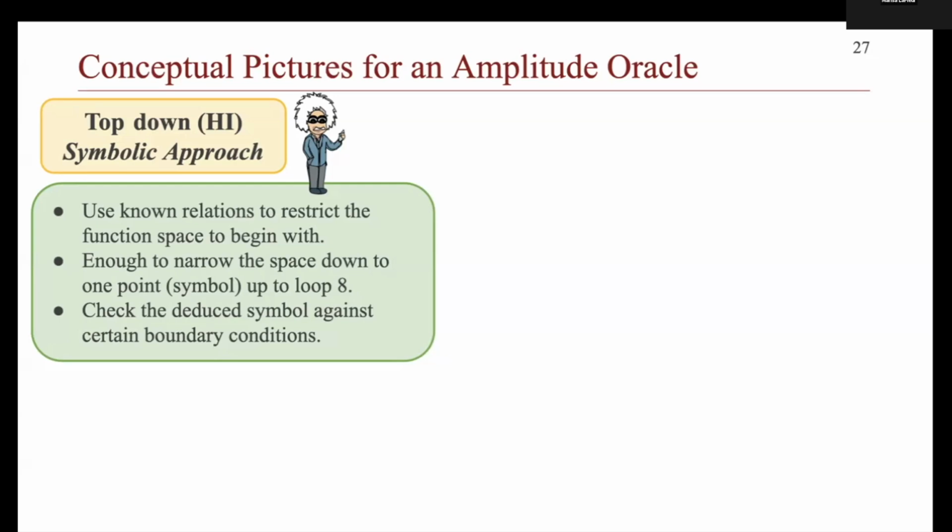If we have enough relations, then we would be able to narrow the function space down to exactly one point, and that point is presumably the actual single answer. For now, we are able to do that up to 8 loops. Once we get this one point, we just check this reduced single against certain boundary conditions to see if everything we did here, all the conjectures we put in, are correct. So this is a top-down approach.